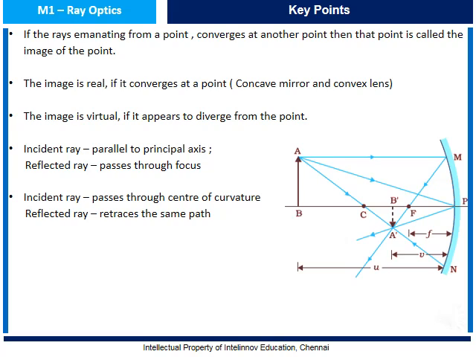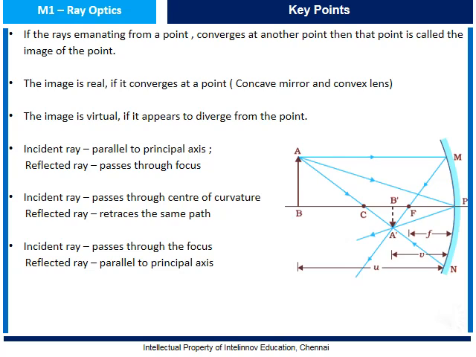If the incident ray passes through the focus, the reflected ray will be parallel to the principal axis. However, if the incident ray is at any angle on the pole, the reflected ray follows laws of reflection. That is, angle of incidence equals angle of reflection.